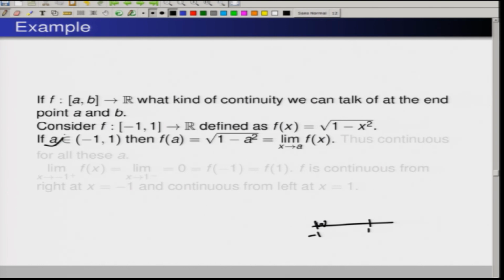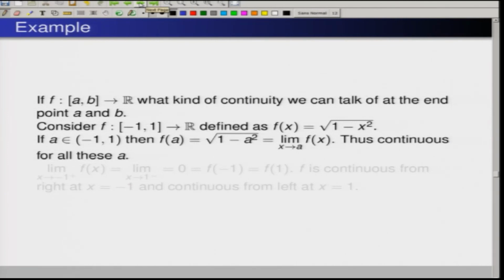Now, at the end points, at minus 1, I can only talk of the limit from the right. So, the limit as x goes to minus 1 plus of the square root of 1 minus x square is 0, which is equal to f of minus 1.